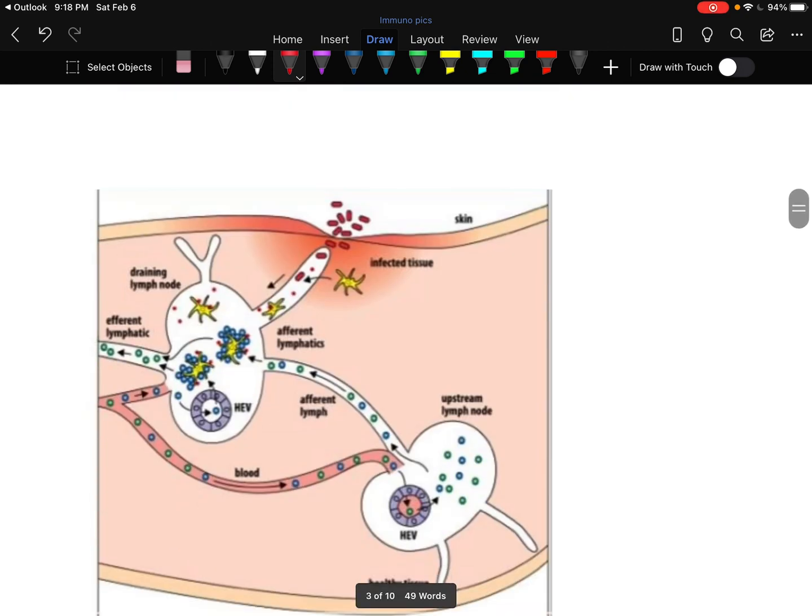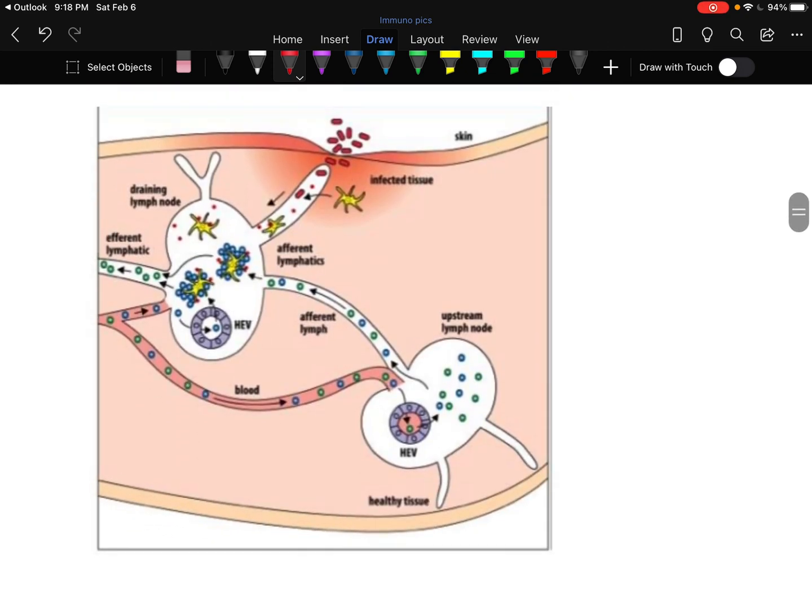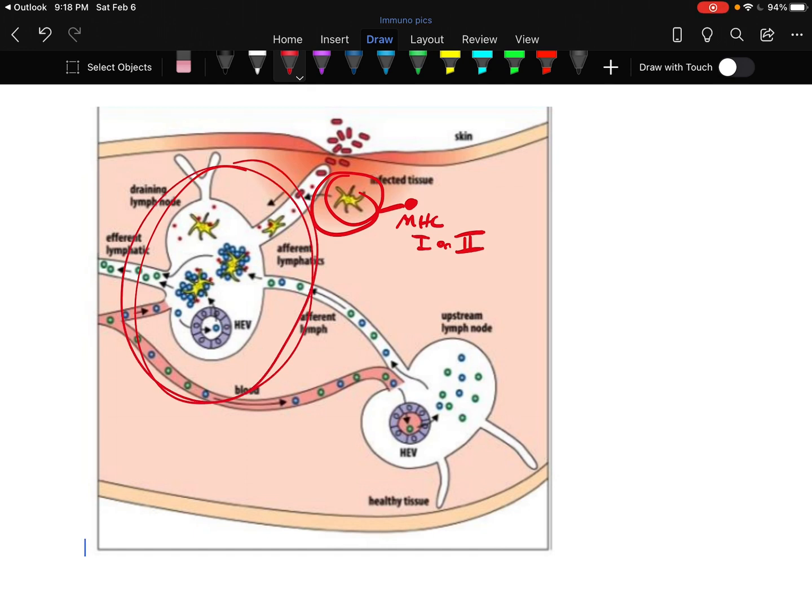Okay, moving on. So once a dendritic cell has decided to present a virus on its MHC complex, that could be 1 or 2, once that happens, this dendritic cell is going to migrate. They're going to migrate towards the lymph node, because this dendritic cell wants to tell other T cells what's going on, that they're infected or that they found an infection, and they want other T cells to check it out.